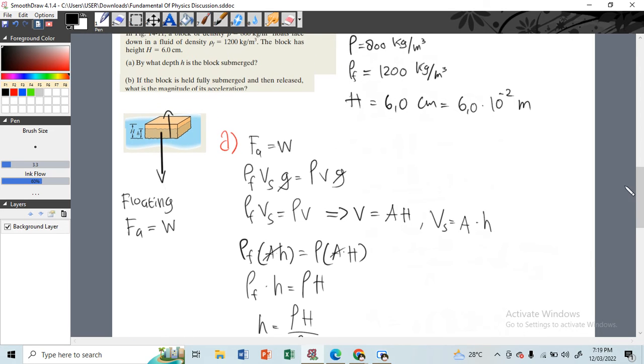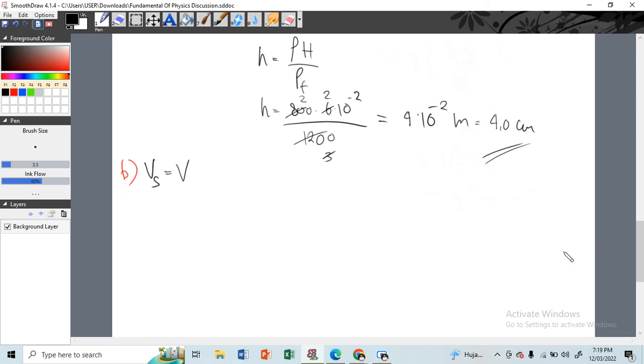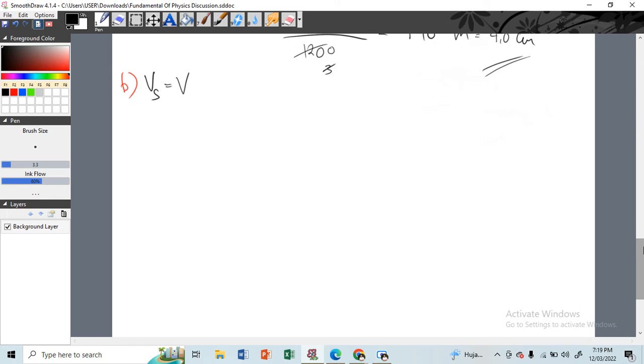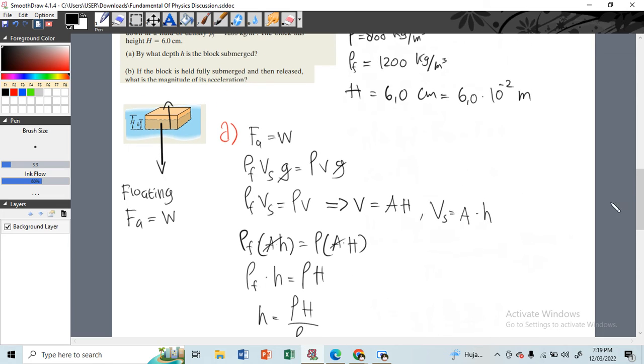Okay, so let's continue reading the question. Then released, what is the magnitude of the acceleration? The magnitude of the acceleration means we need to find the value of the acceleration. We could use Newton's second law here, which is sigma F equals m times a. So for sigma F, we need to determine the forces acting upon this block.